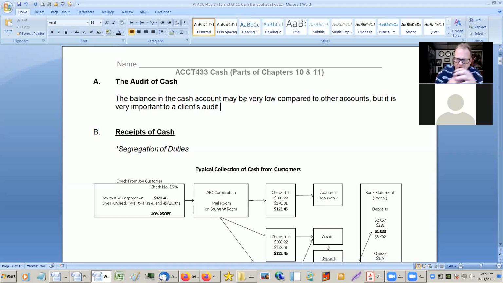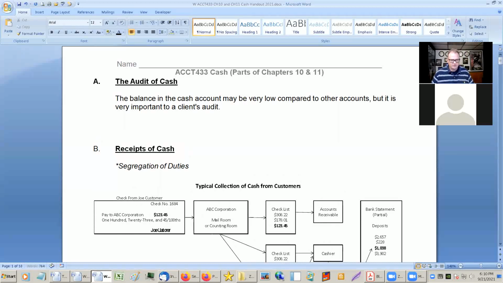However, virtually everything runs through cash. It's almost hard to figure out a situation where it doesn't. Nearly every transaction runs through cash.